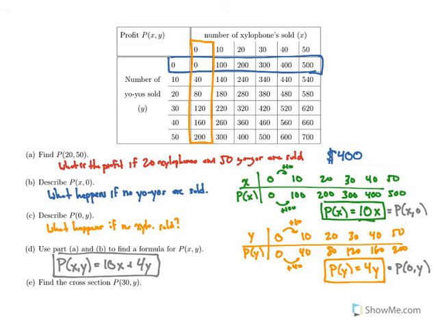Let's look at one more cross-section, that being the cross-section of 30, y. In that case, we're saying x is 30. So that is going to be this column right here. And again, we could write this as a table of values.